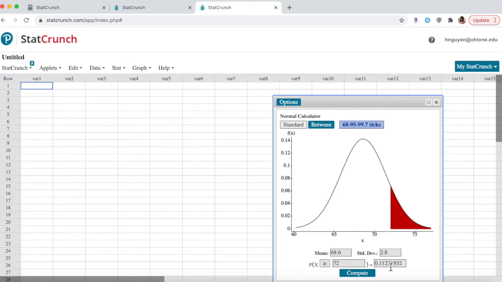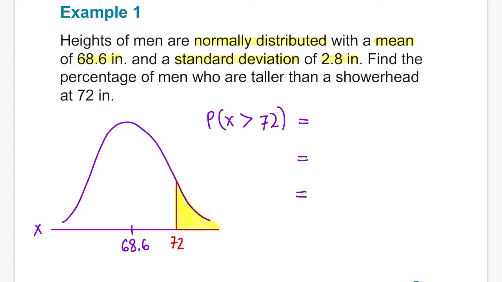This is my answer, and I got 0.11231932. I am going to round to 3 decimal places, 0.112. And the question is asking for percentage, so I'm going to convert that into percent.